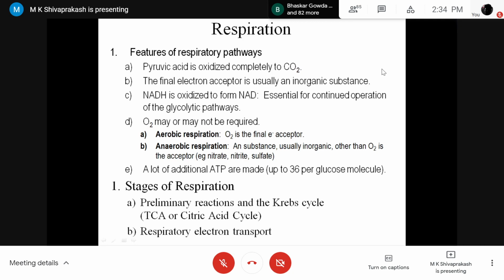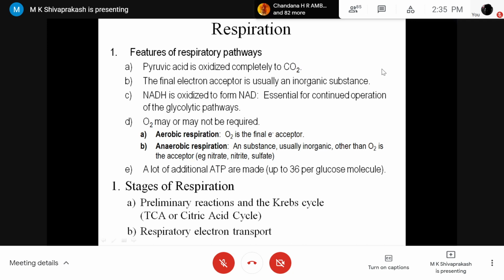If it is a substance other than oxygen, usually inorganic, like nitrate, nitrite, sulfate, and so on, even CO2 in methanogenic organisms, then you call it anaerobic respiration. But whether it is aerobic or anaerobic respiration, the electron acceptor, to be called respiration, has to be compulsorily inorganic. Only then do they get the name respiration.